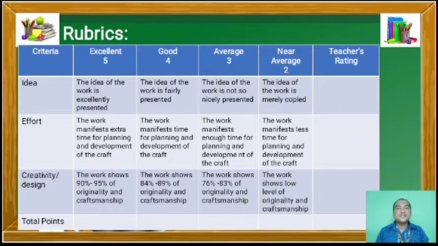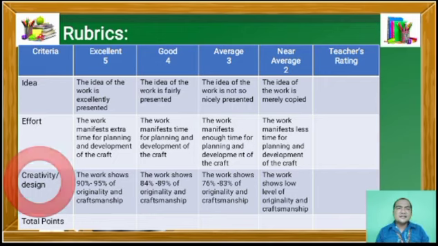This is the rubrics for your performance task. We have here 3 criteria. First, the idea, effort, and creativity or design. Under the idea, 5 for excellent, if the idea of the work is excellently presented. Effort, 5, excellent, if the work manifests extra time for planning and development of the craft.